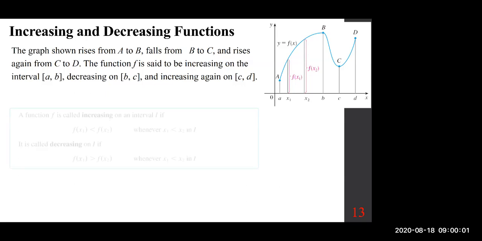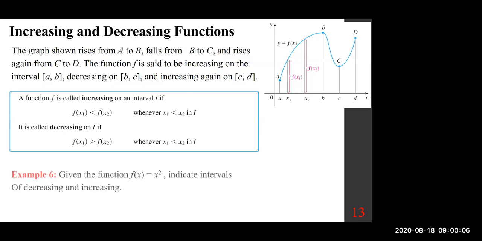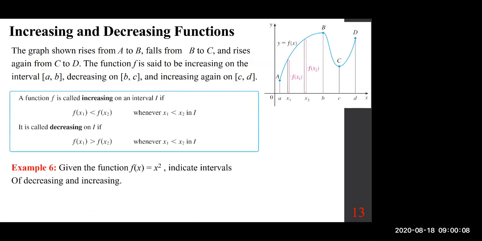Anyways, here's the definition. I'm repeating the definition. And here's an example that we want to answer. Given the function f of x equals x squared, where is the function increasing, decreasing? It's a simple graph. Everybody knows that. I'm assuming everybody remembers that. So with that being the case, you can clearly see where the function is increasing, where the function is decreasing.